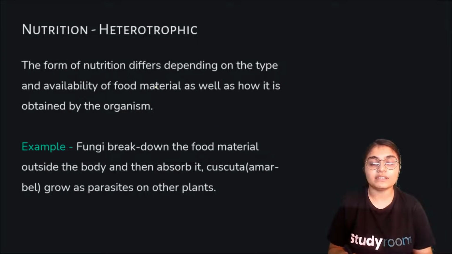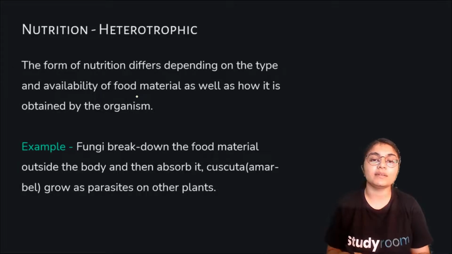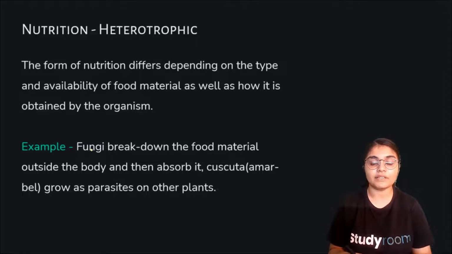Heterotrophic nutrition differs depending on the type and availability of food material as well as how it is obtained by the organism. This is a very important point. For example, fungi break down the food material outside the body and then absorb it, like cuscuta.